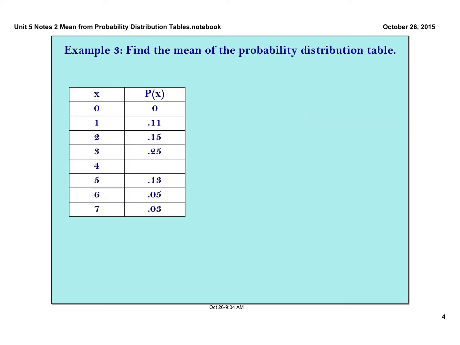Okay, and this one, the first thing my eye is drawn to is the fact that I have a hole here. So I need to figure out what the probability of 4 is before I move on. Remember that your total for the table should equal 1.0.